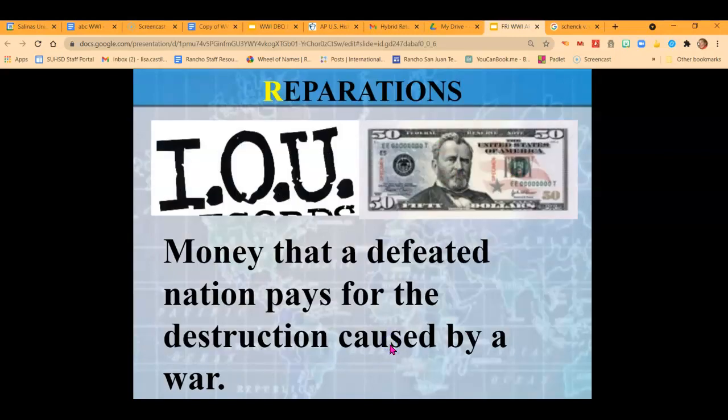All right. R, Q, R, S. We are in R. R is for reparations. This is an in-theater war thing. At the end of the war, the losing country has to pay the other countries for all the destruction they caused. These are called reparations. And Germany is going to owe so much money and be in so much debt that their country's going to go through a depression.